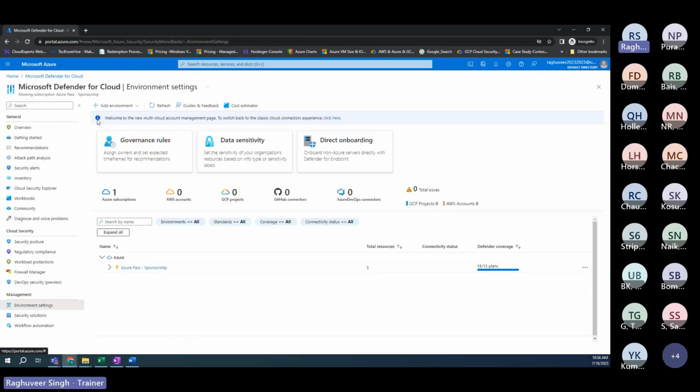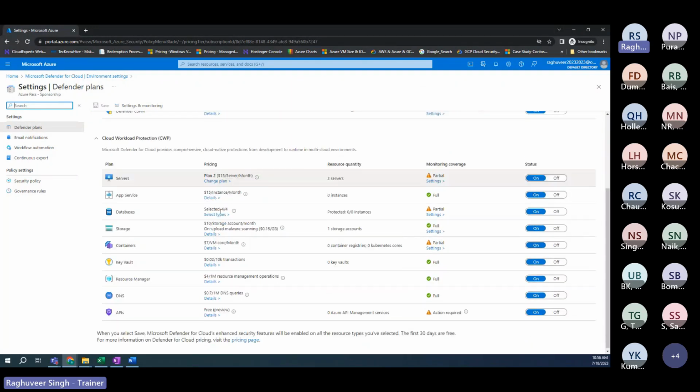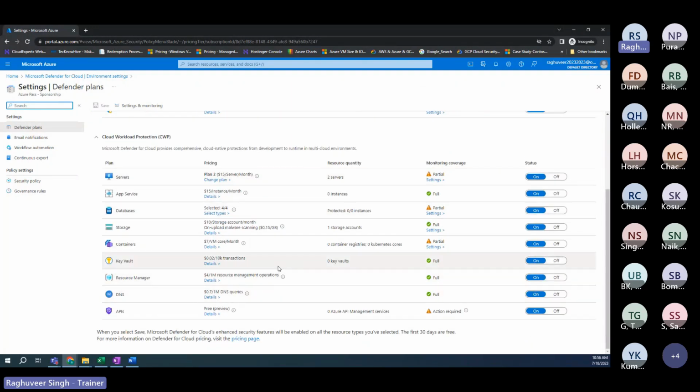So we have just enabled Defender, which is a governance service in Microsoft Azure, using which I can protect my Azure resources, which includes my servers, virtual machines, databases, and all the capabilities that Defender brings on the table. And since I've enabled all the plans, if in future Defender launches any plan, it will be by default enabled. So that's what we have enabled.